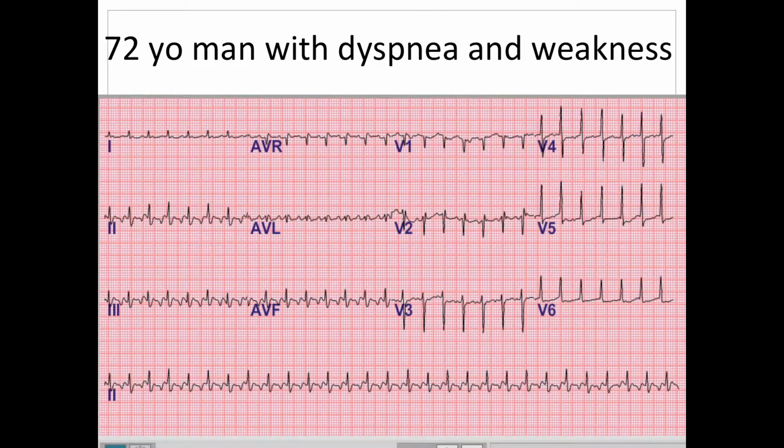Next, this is a 72-year-old gentleman with dyspnea and weakness, and if you look here, this guy has got a pretty quick rhythm, and it's regular. You can see a little bit of a sawtooth pattern here, which would be consistent with atrial flutter with 2-to-1 block, and that's the diagnosis here.